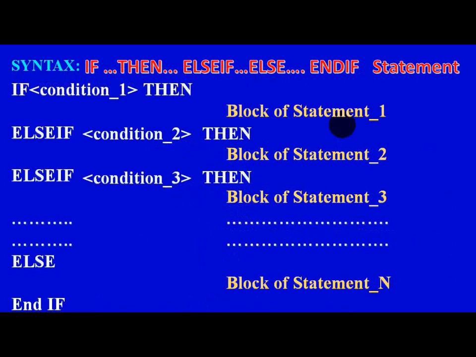Here, you can see the syntax for the if then else if statement. If the condition is true, then it executes the block of statement 1, or the first statement. Otherwise the second condition is checked.